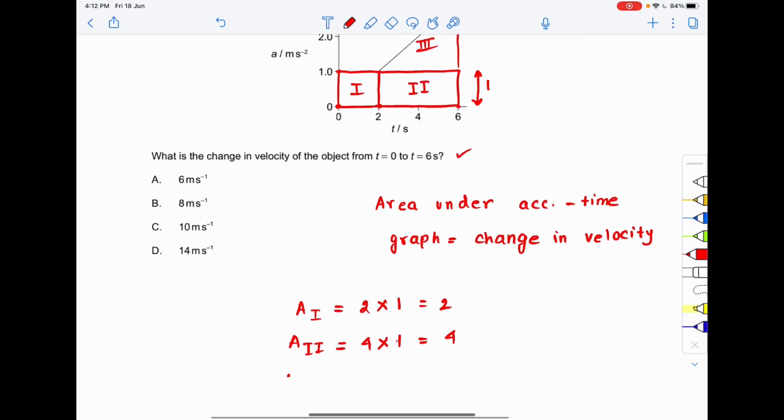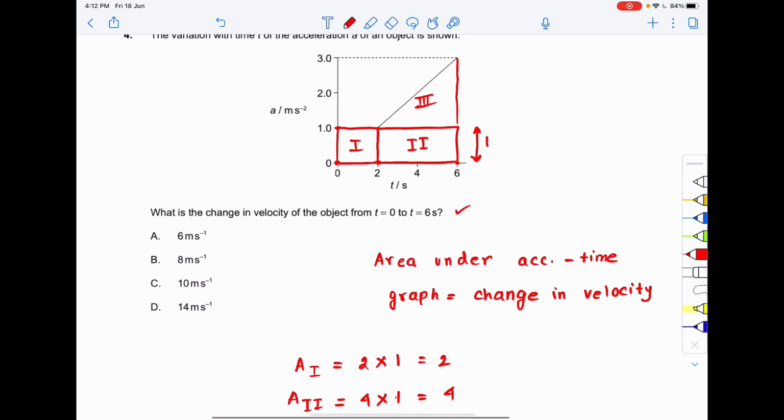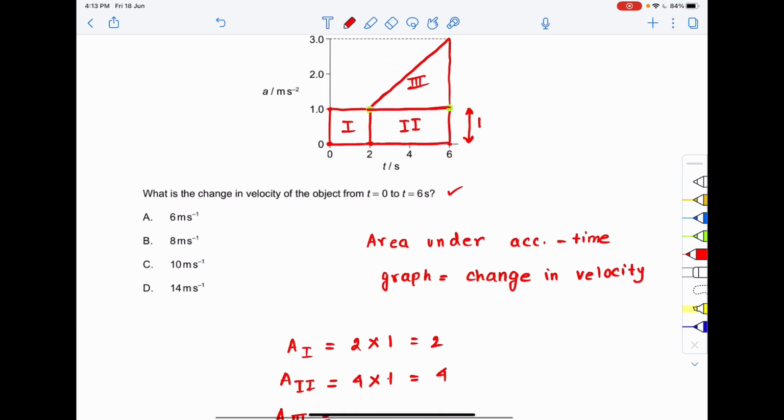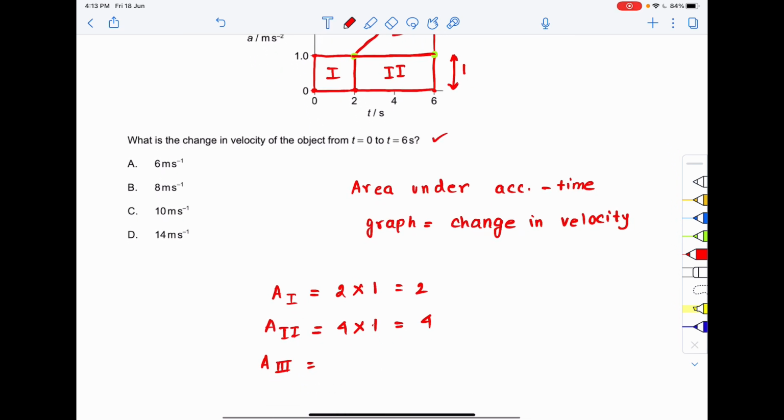And what will be the third area? The third area is a triangle, right? What is the base of the triangle? It spans from t equal to 2 seconds to t equal to 6 seconds, so the base is 4.